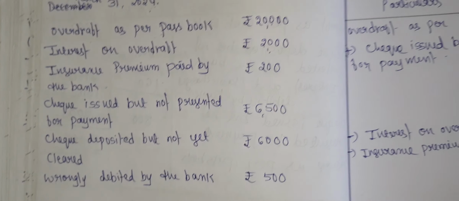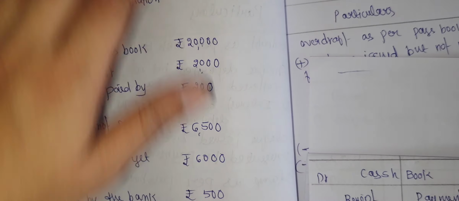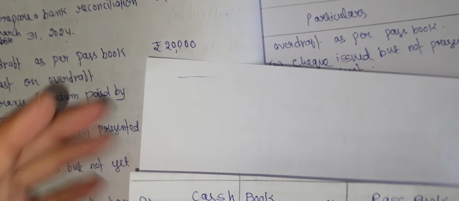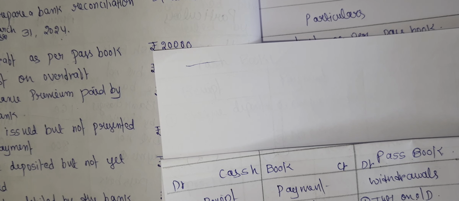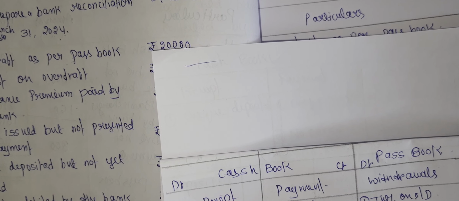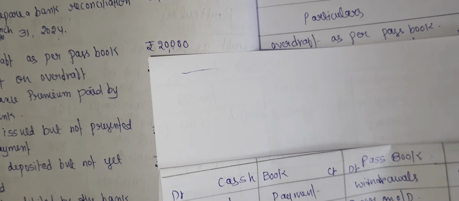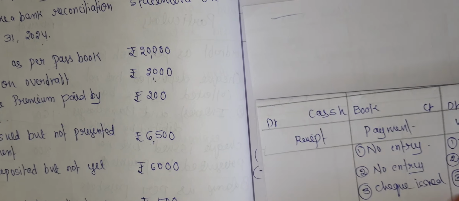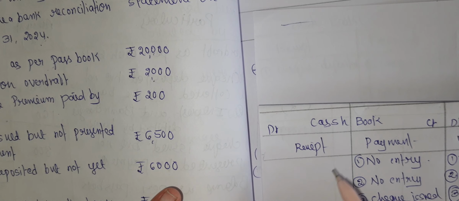It means what? Check deposited. What is the first step? We have to record the transaction in the cash book and the passbook. Check deposited but not yet cleared. Here, check deposited is in the cash book on the debit side.